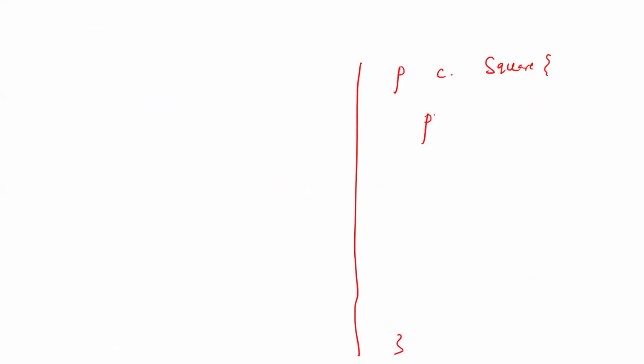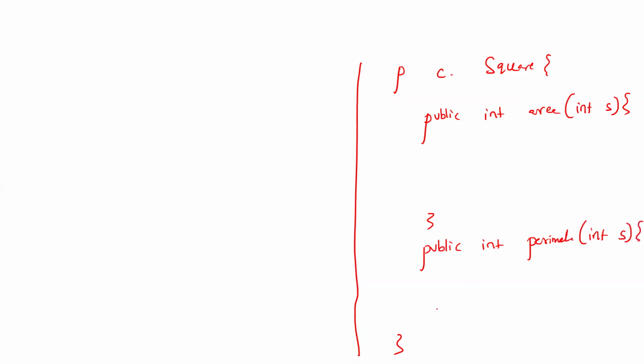That is public int area, which takes int s, then the logic and return type, followed by one more public int perimeter, again with int s only. So here s star s followed by some ar of int type, then return ar. At the same time, 4 asterisk s followed by int of some p for perimeter, then return p.